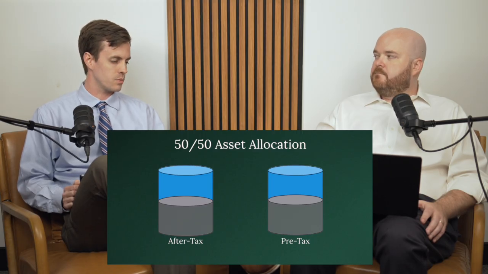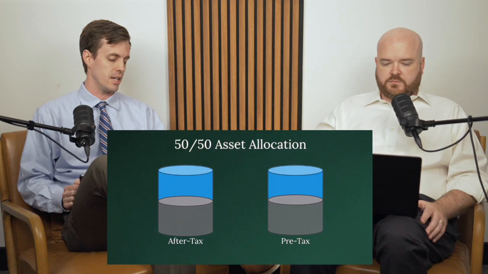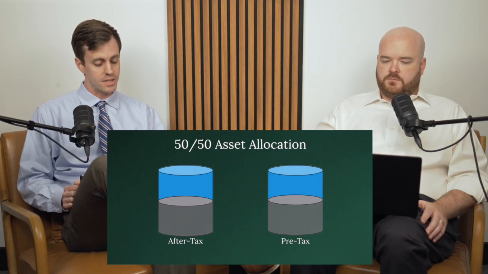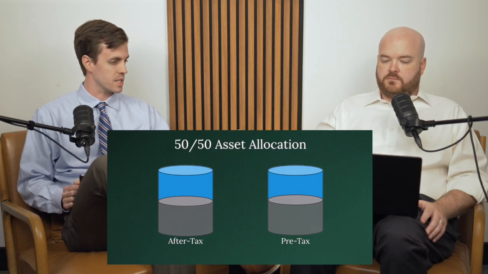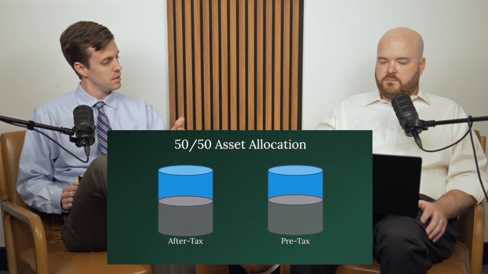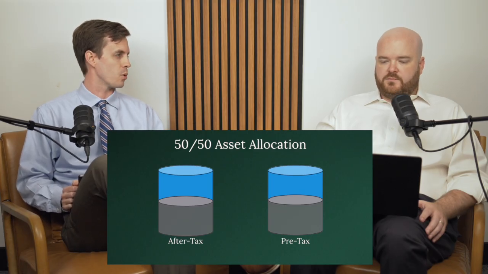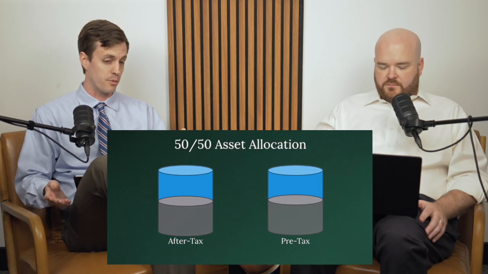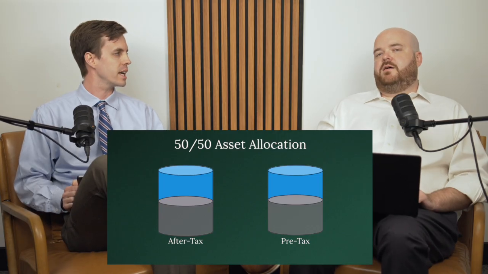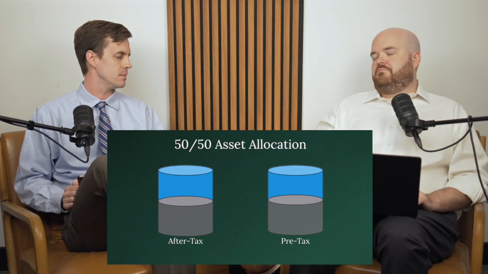Someone will say, I have a 50-50 asset allocation. It would be somewhat logical to think my after-tax bucket is going to be 50-50 and my pre-tax bucket is going to be 50-50. Wouldn't that make sense? You want them proportioned accordingly, to perform the same. And that's where we get an opportunity to step in and maybe change some things.